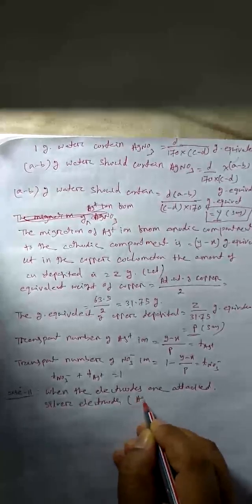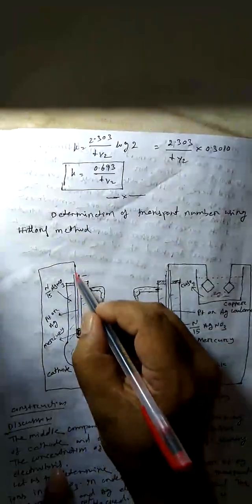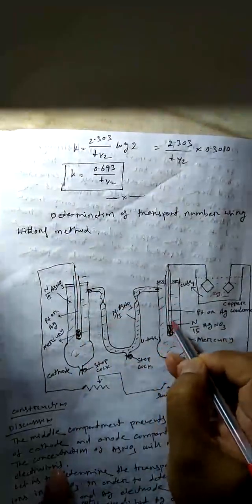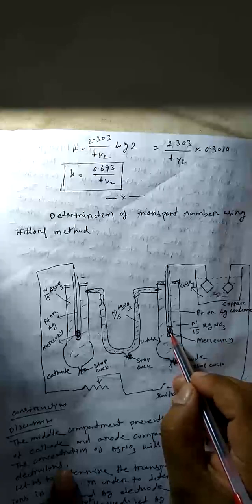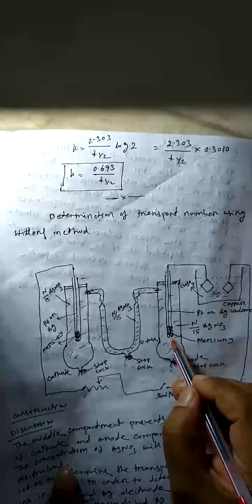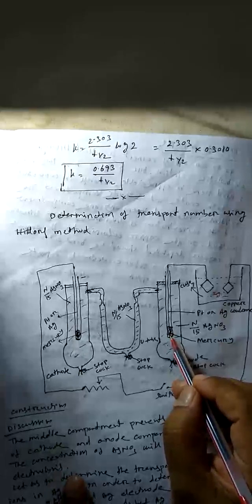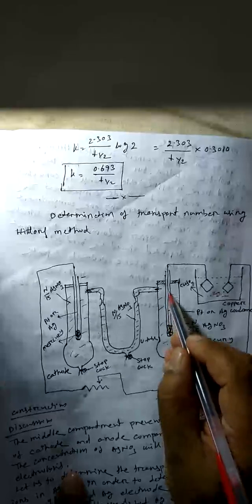That means whatever electrode you use, this electrode is made of silver instead of platinum. And it is in contact with mercury, because in order to make adequate electrical contact, that is why we put mercury. So in case 2, this electrode is made of silver.